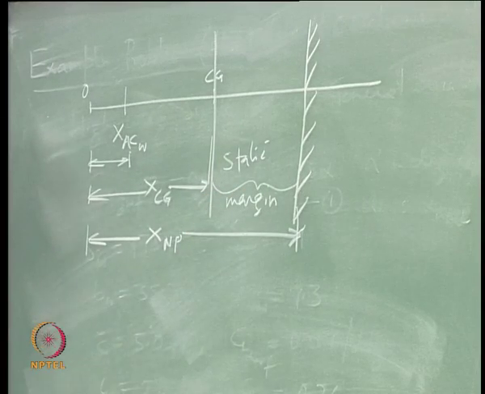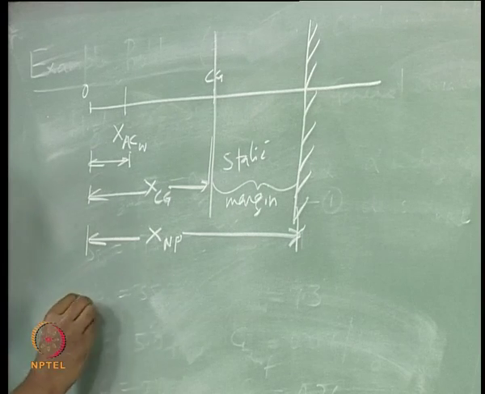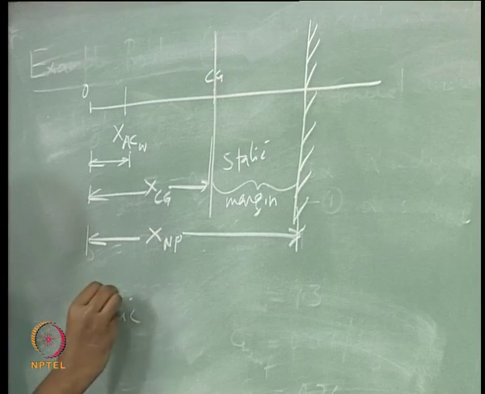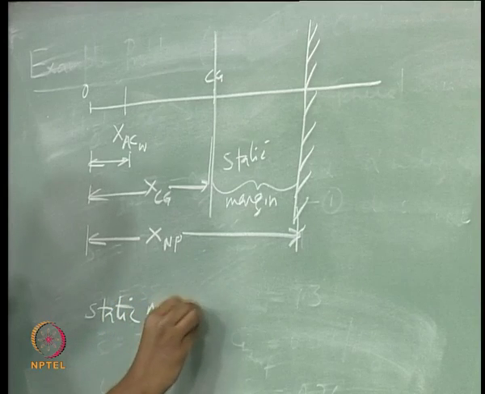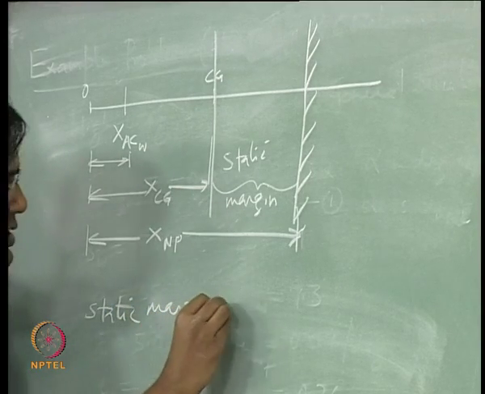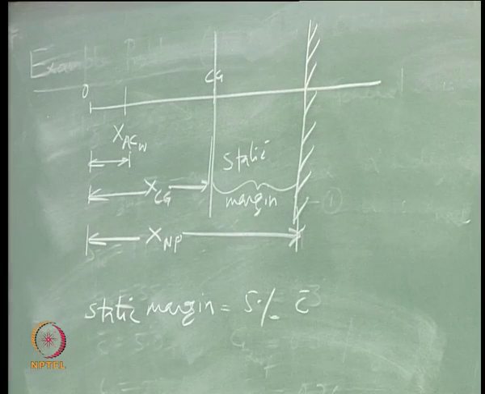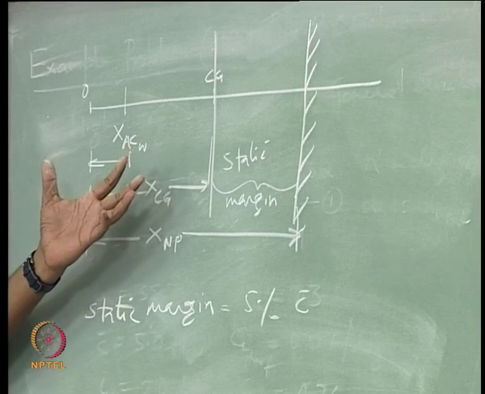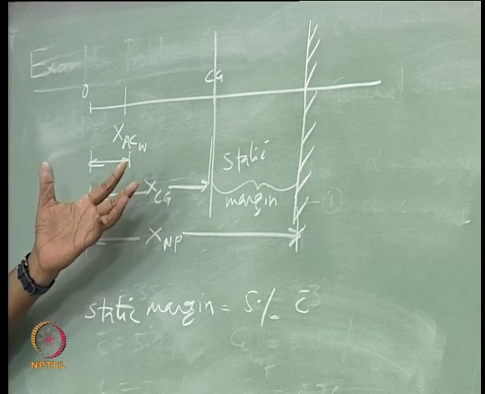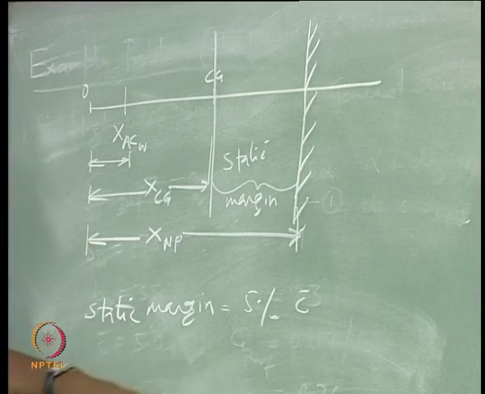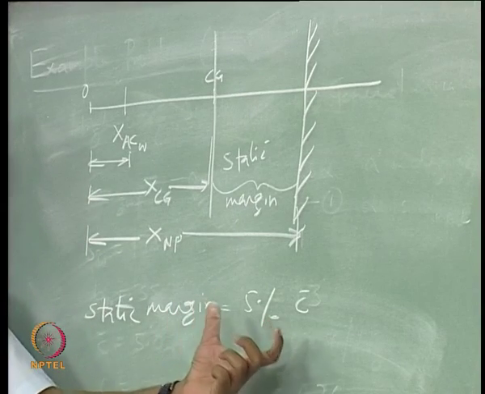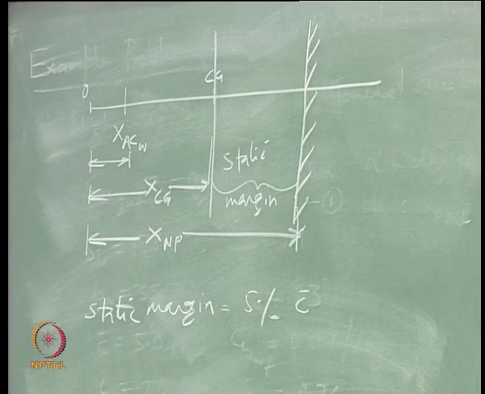So every conventional airplane should have this static margin, which is 5% of the mean aerodynamic chord of the wing. So when you are designing your aircraft, you should have static margin which is 5% of C bar, right. So we will stop at this point.